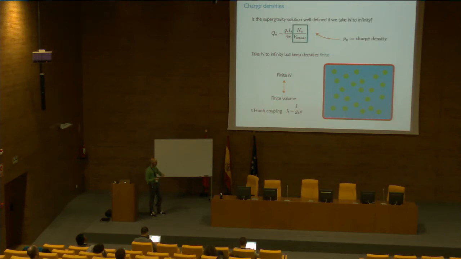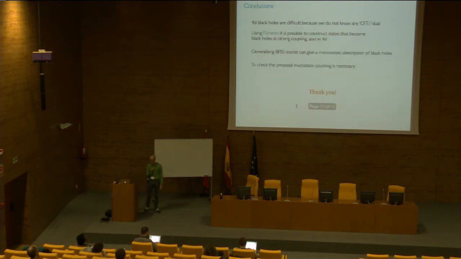Well, more or less, I'm done with the talk. So let me go to the conclusions. What I tried to emphasize is that there are some complications with black holes in counting the entropies. That's because we don't know any CFT1 dual to AdS2.